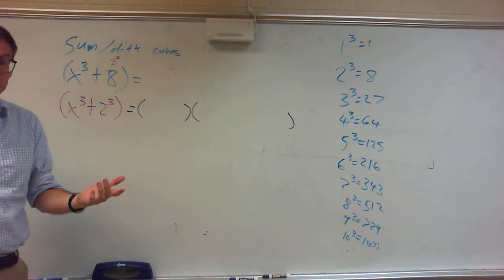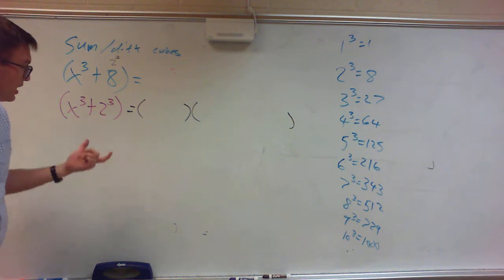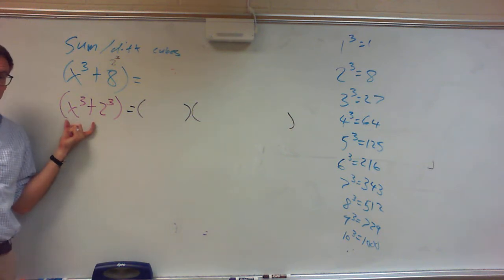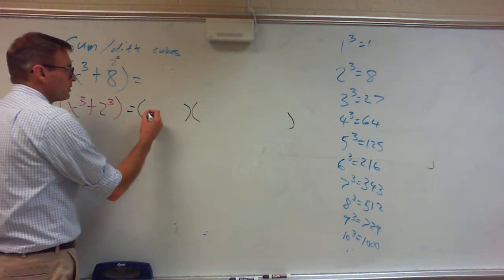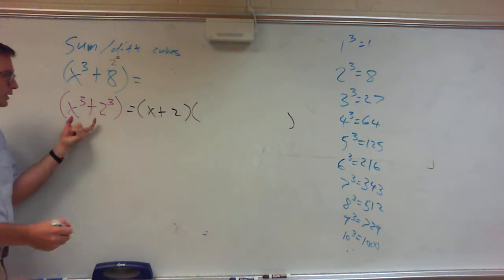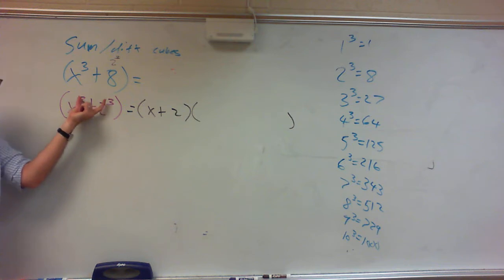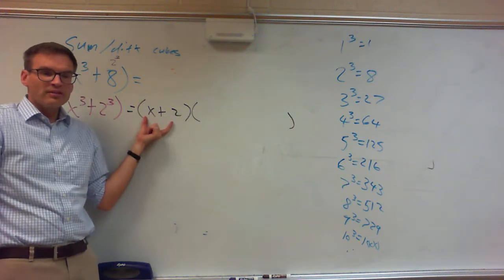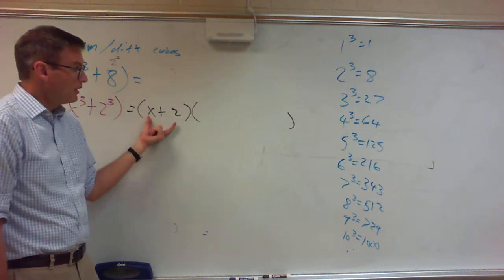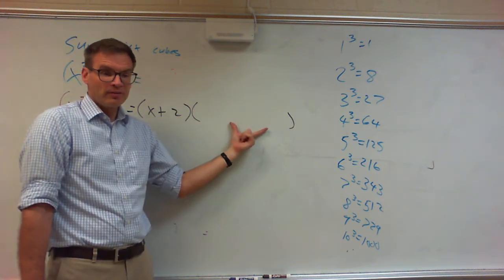Now, the 2-part thing is easy. You look at this and you drop the cubes. So if I drop the cubes, I end up with x plus 2. See how I looked at that and I just dropped the cubes, I got x plus 2. Once you've got the 2-part thing, we're going to talk about how to get the 3-part thing.